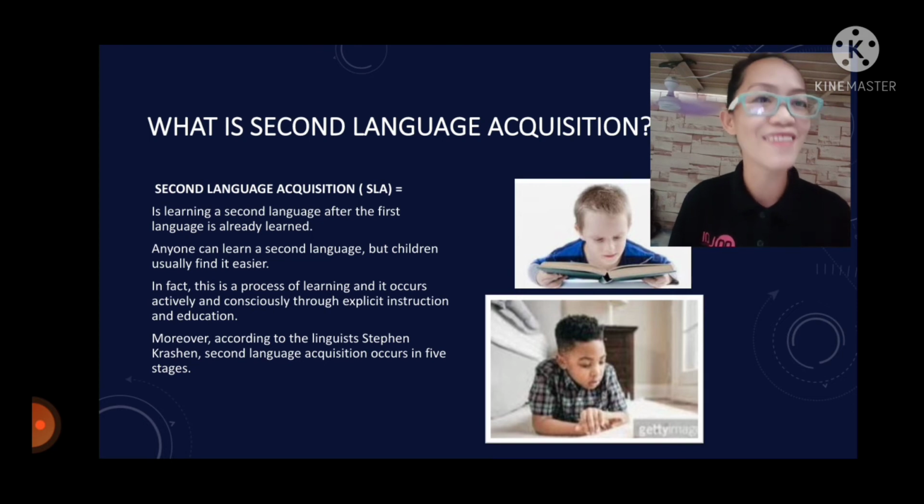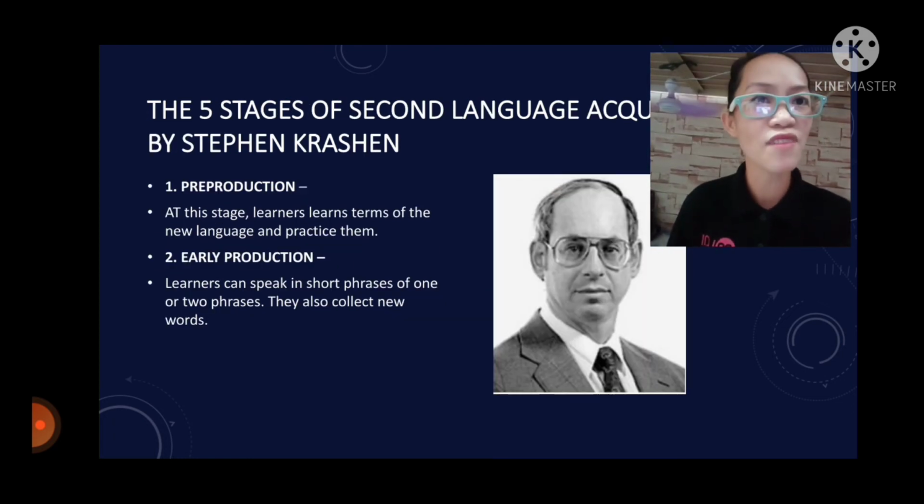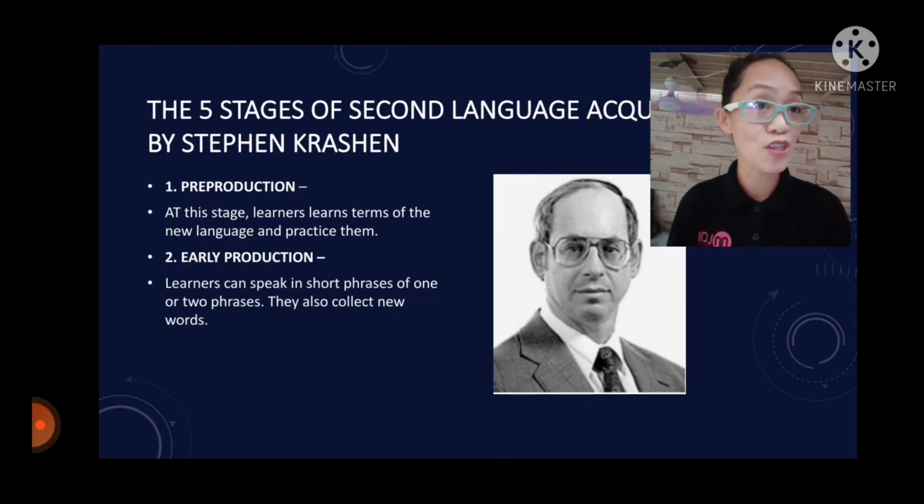But children usually find it easier than adults. According to linguist Stephen Krashen, second language acquisition occurs in 5 stages. So we're going to know what those 5 stages of second language acquisition are. The 5 stages of second language acquisition by Stephen Krashen.